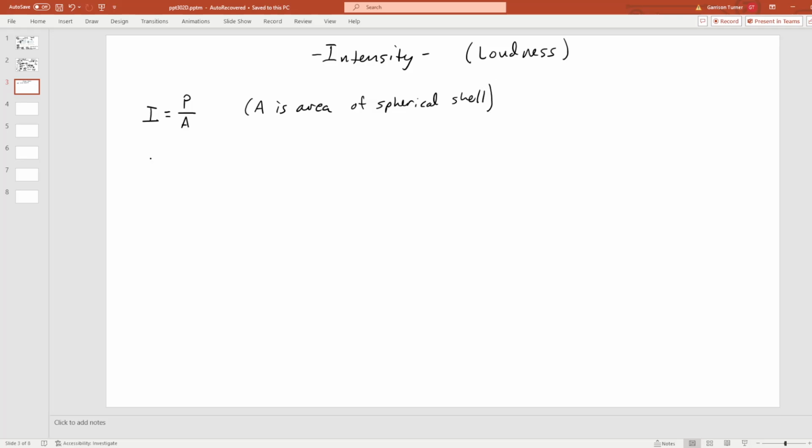And so, what we can say is that the intensity at a given position, R, away from some source. So, let's say I have like a siren, right? And it's blaring out sound waves.